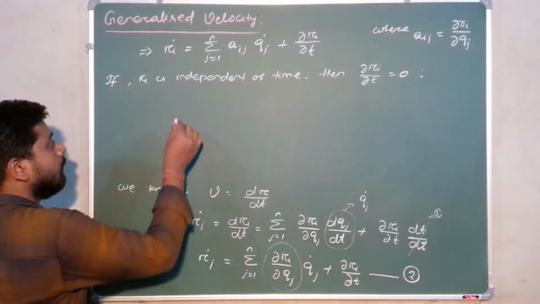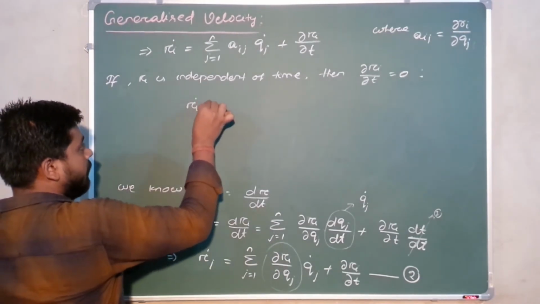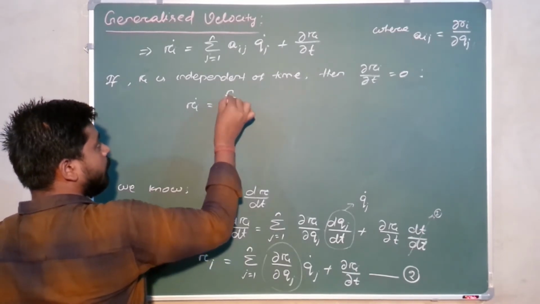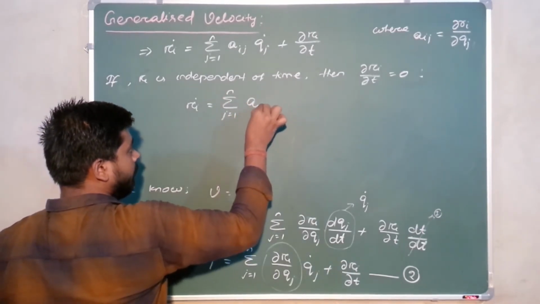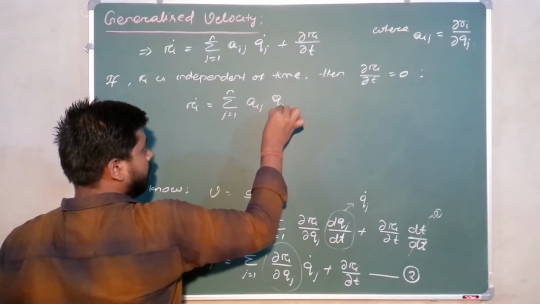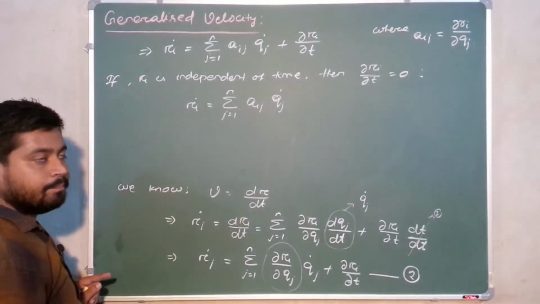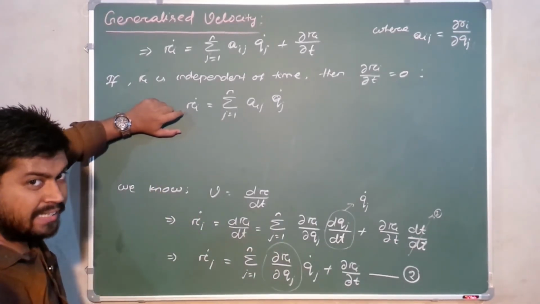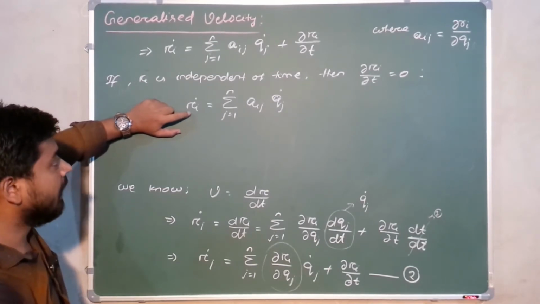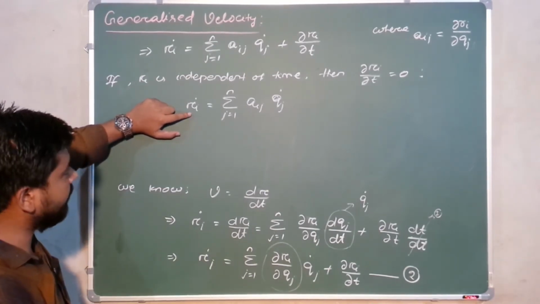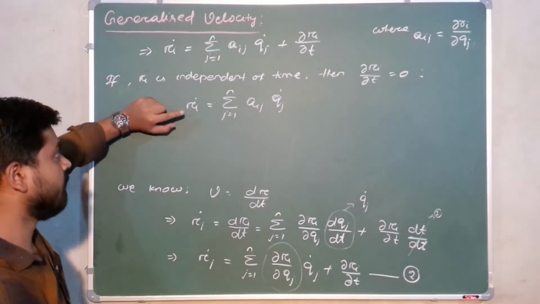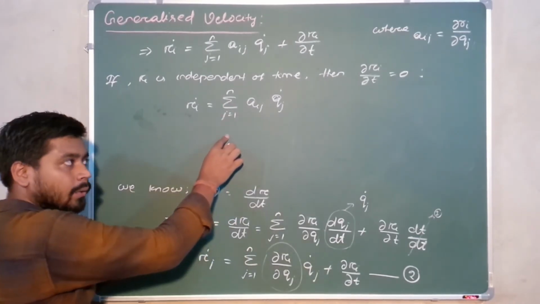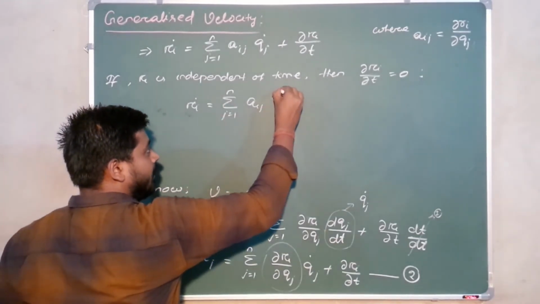What is left is Ri dot equal to summation over j equal to 1 to n of aij Qj dot. Here Ri dot is R1 dot, R2 dot, R3 dot, and so on: the first particle is R1 dot, the second particle is R2 dot. Here j changes from 1 to n, i also changes, and there is Qj dot.